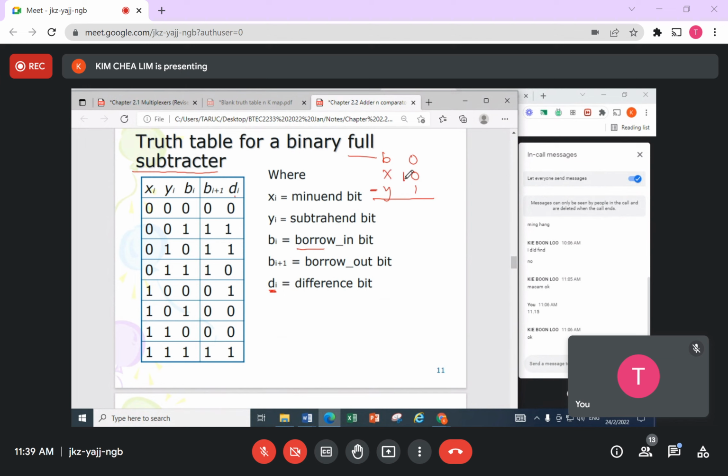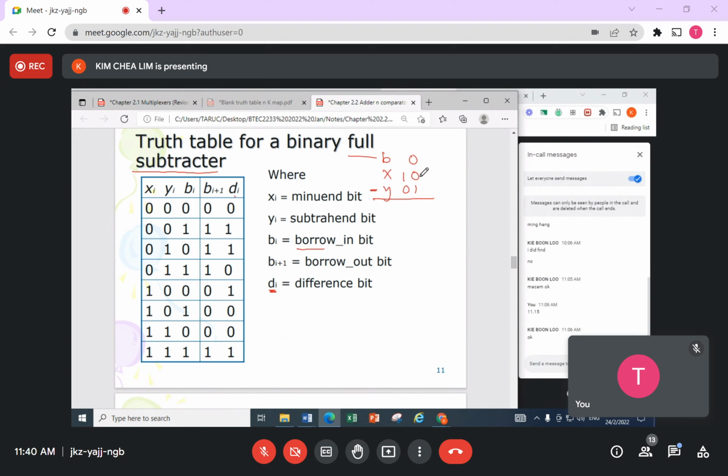If this is 1 and this is 0, easy. Do I have enough to minus this 1 or not? The answer is no. Then what I need to do is go and borrow from this one. Okay, borrow from here. So the result is like that.